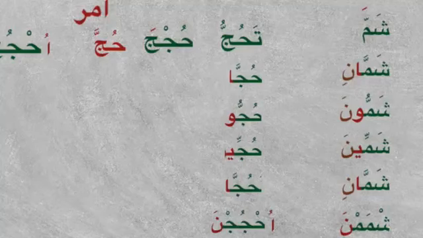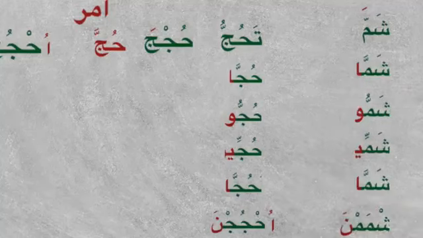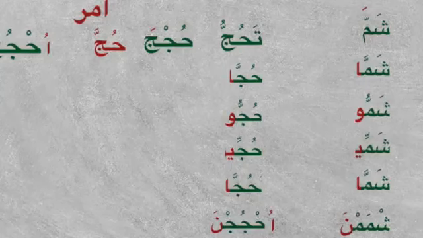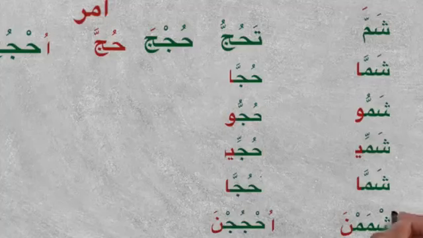Again, in the other forms, you take away the noon and we can still pronounce, so we don't need hamzatul wasl. So it will be shamma, shammu, shammi, shamma. And here, because it has fatha in the ayn kalima, we know that hamzatul wasl will get a kasra. Only with damma will it get damma. That will be ishmamna.